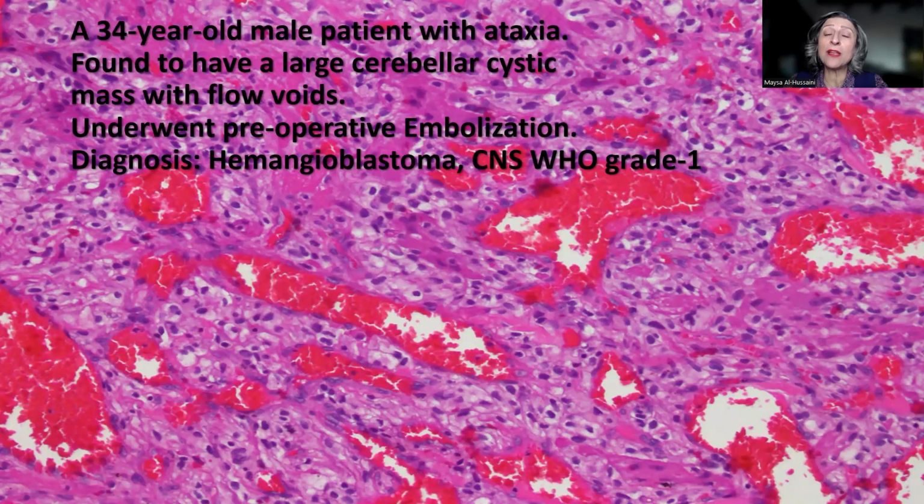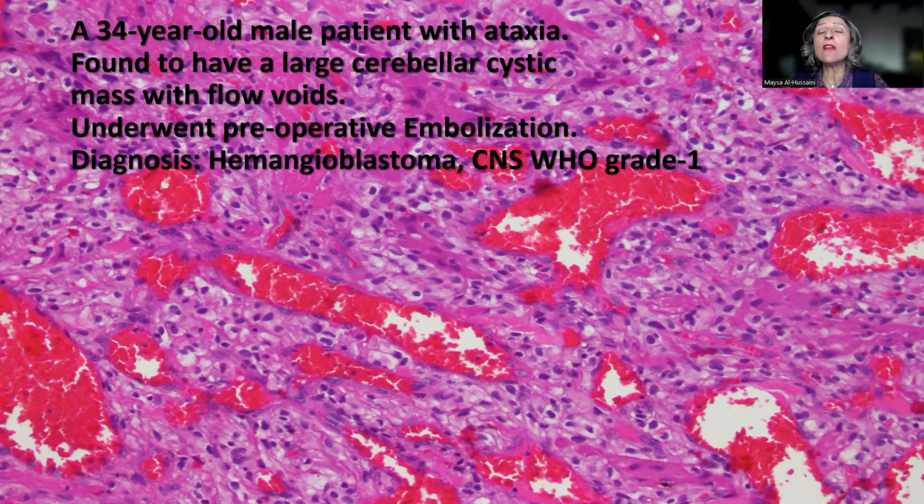Now remember that hemangioblastoma is actually described to show some solid growth pattern, as was in this case, which was quite unusual to me. This is the first time I encountered the solid growth pattern in hemangioblastoma.